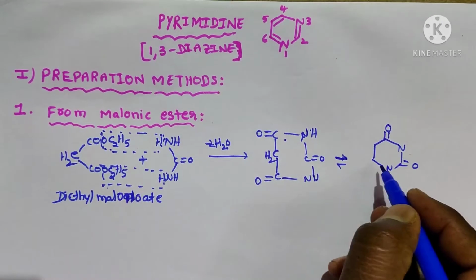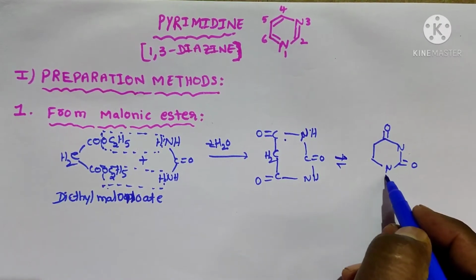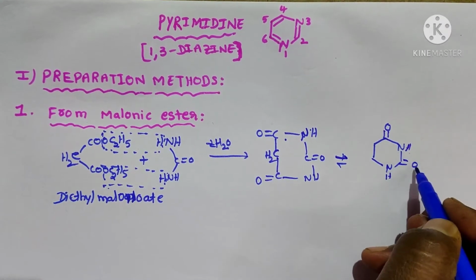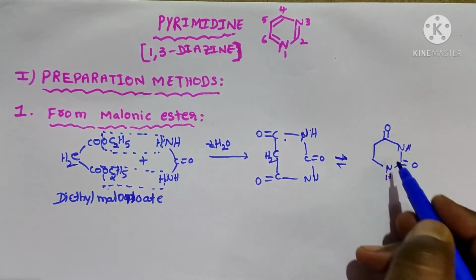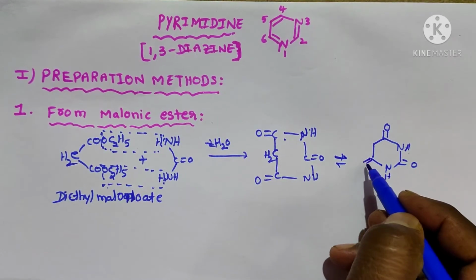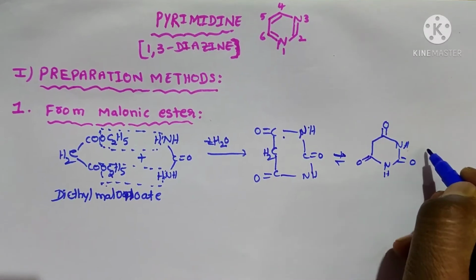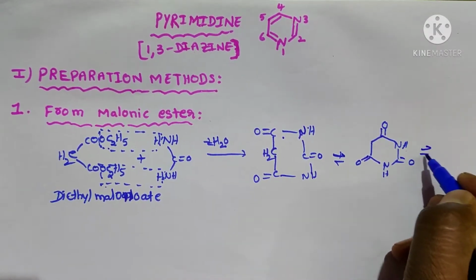Here one more, CH2, NH, NH, CO, and CH2, and we have one more C double bond O. So this undergoes tautomerism and exists like this.